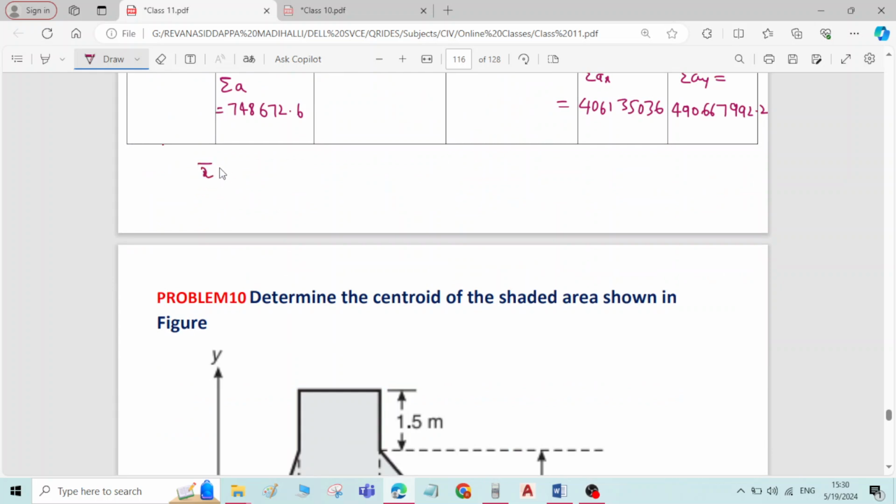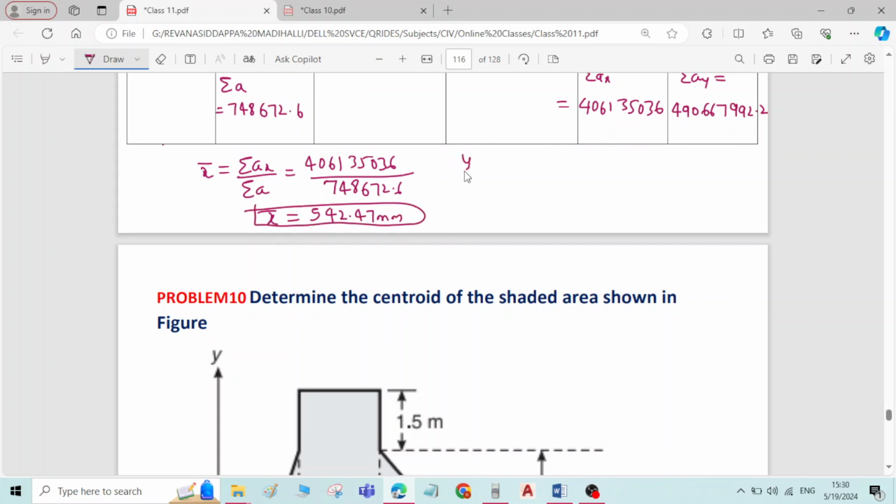We have the formula: x bar is equal to sigma AX by sigma A, 406,135,036 divided by 748,672.6. By this you will get the value of x bar, that is 542.47 millimeter.